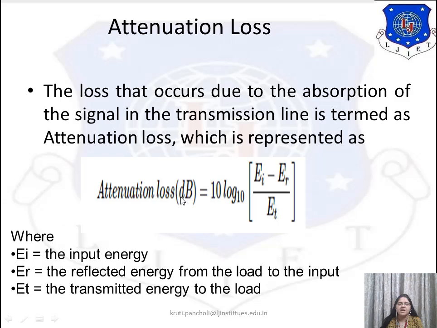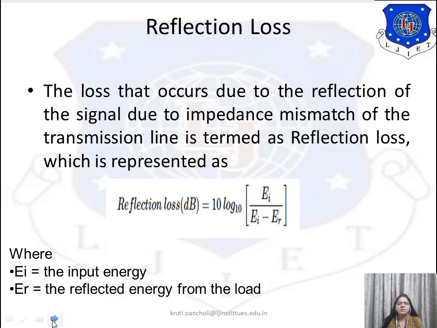We measure this loss in dB. It is equal to 10 log 10 of EI minus ER upon ET, where EI is the input energy, ER is the reflected energy from the load to the input, and ET is the transmitted energy to the load.